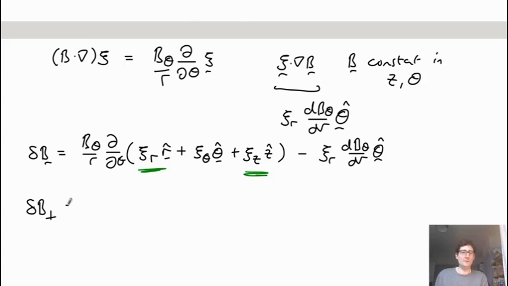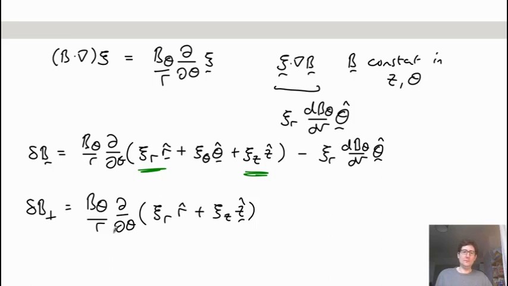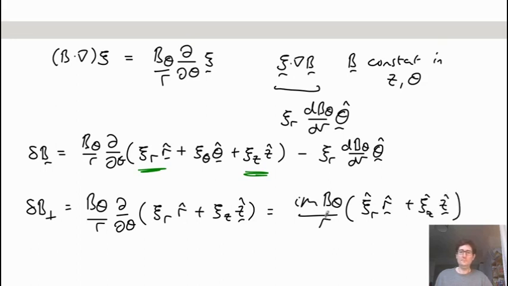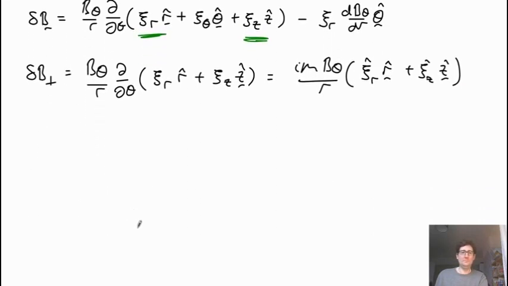Of course, if we're looking for Fourier modes, this d by d theta just becomes an im, and so we write this whole thing as im B theta over r, then xi r times the r unit vector, and xi z times the z unit vector. This is enough to get the components of delta B perp for the field line bending term.